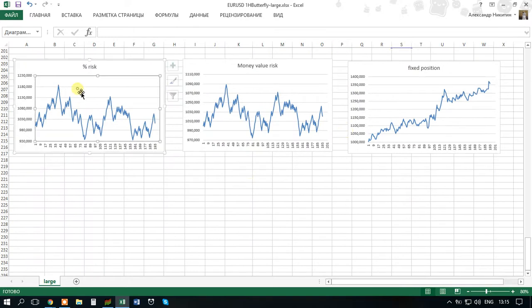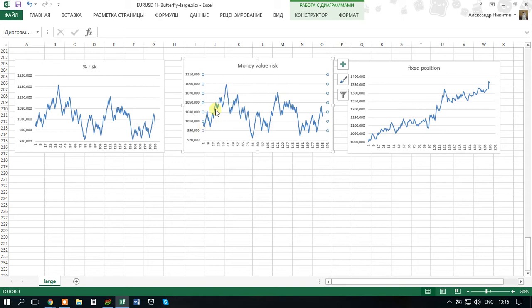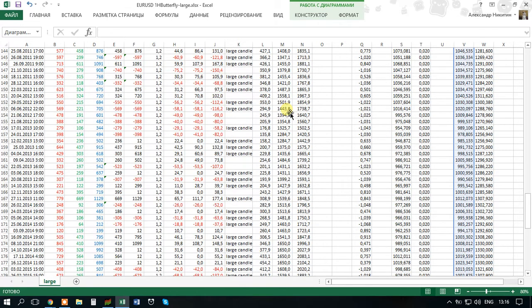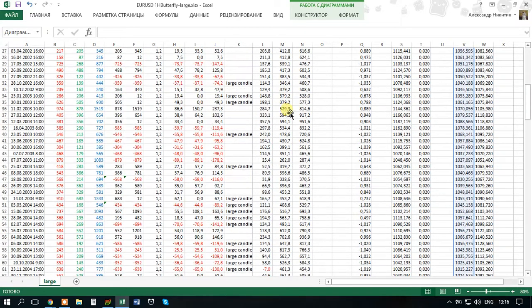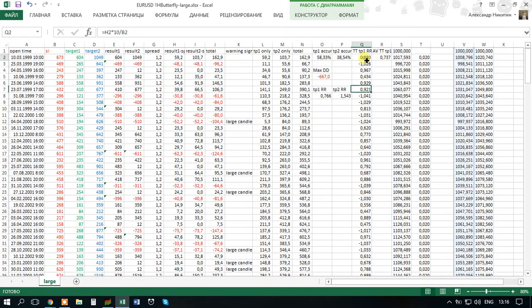So if you trade risk position or money value position, this means that you trade only, let's say, $10 per position. This means what if you trade 1 or 2% per position? Okay, you see those results with target 1 as well. Okay, what if you get rid of that target 1?